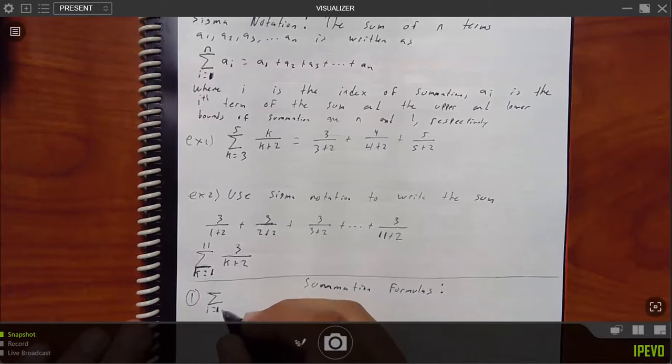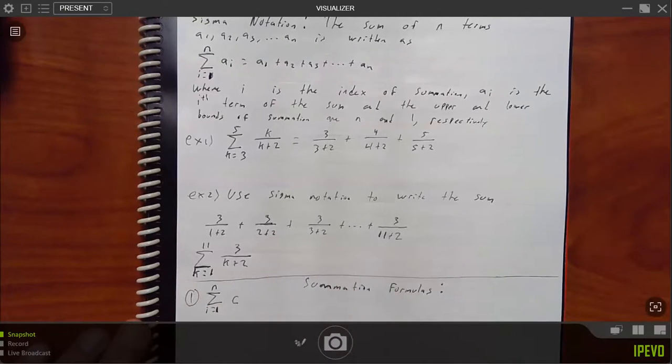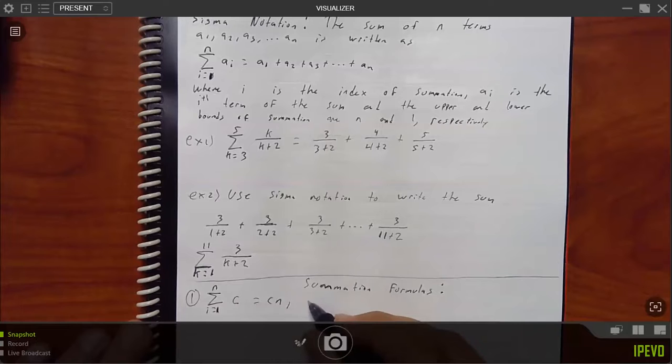For 1 to n, if you have some constant c and you add it n times, you're going to have n of them: cn, where c is a constant.